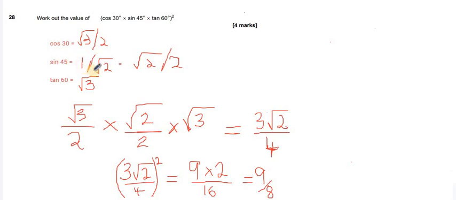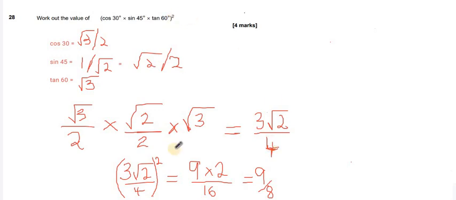Sine 45 is 1 over root 2, which is the same as root 2 over 2. And tan 60 is equal to root 3. So when you multiply all 3 of them, root 3 times root 3 is just 3. So that's 3 over root 2 at the top, and 2 times 2 at the bottom, which is 4.